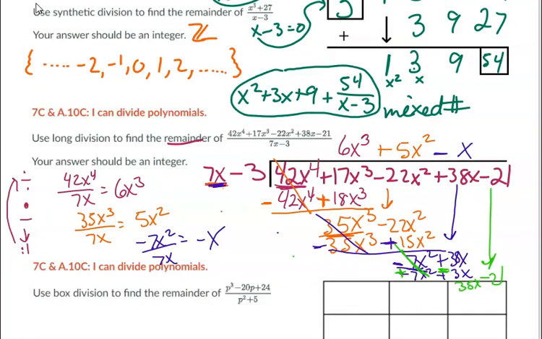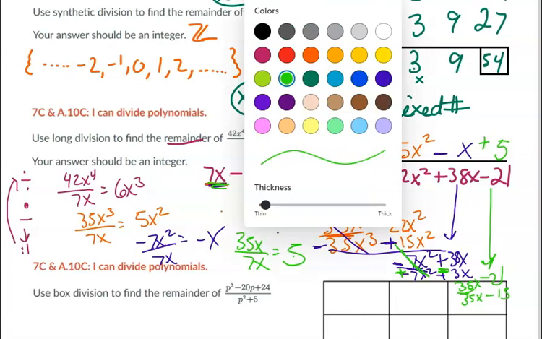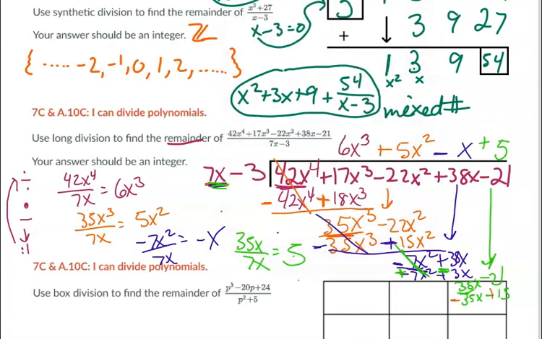And then we'll do it one more time. So we're going to divide the 35x by 7x. That's equal to 5. So we'll line that up. Put plus 5 here. Multiply 5 times each of those two terms. And then we're going to switch the operations for each. Those cancel.